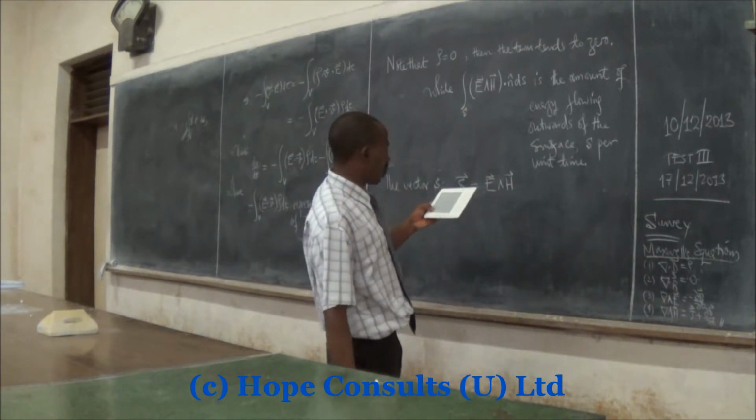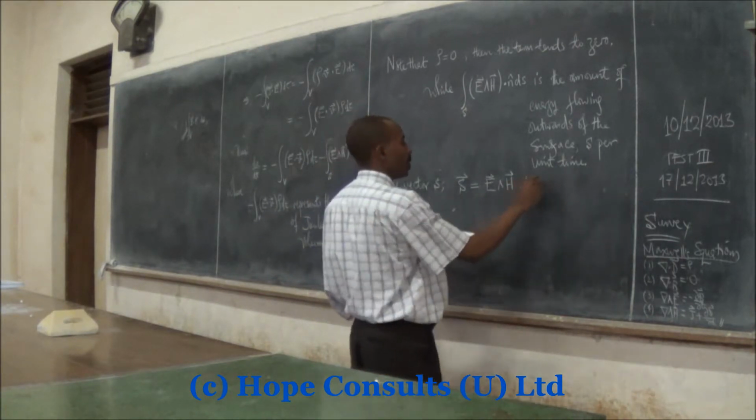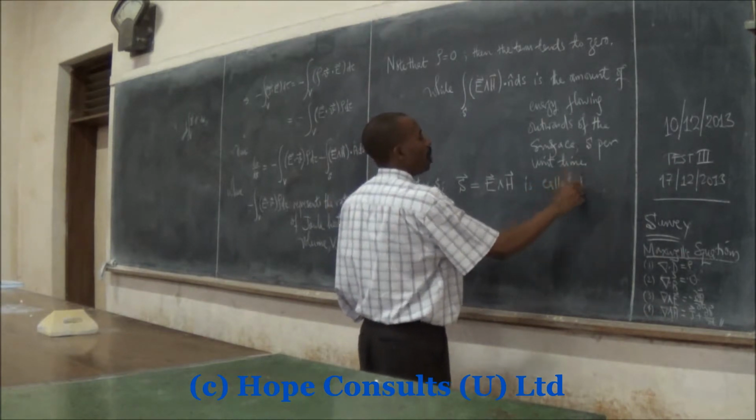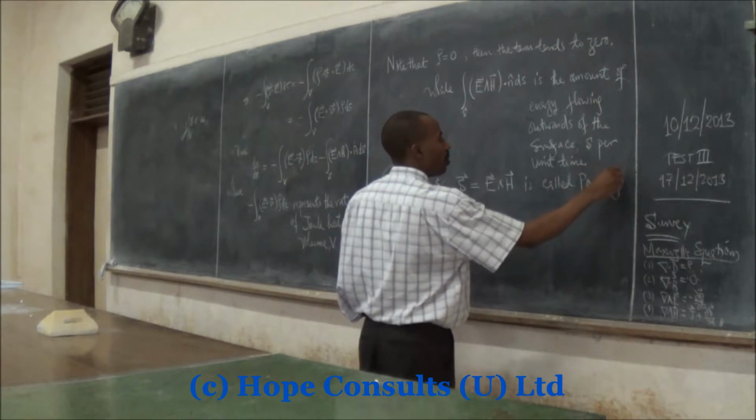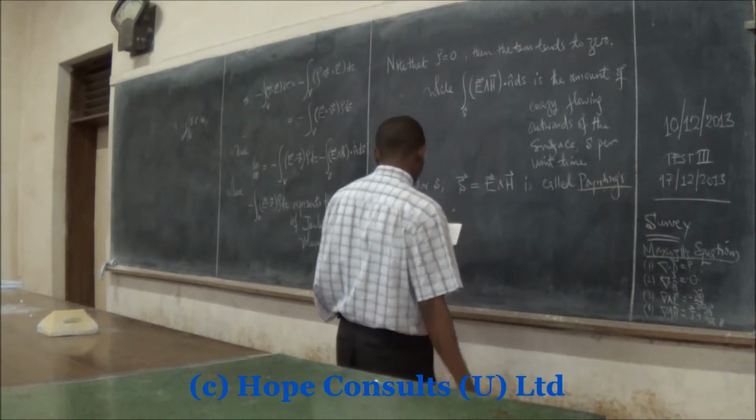So S is equal to E cross H is called Poynting's vector.